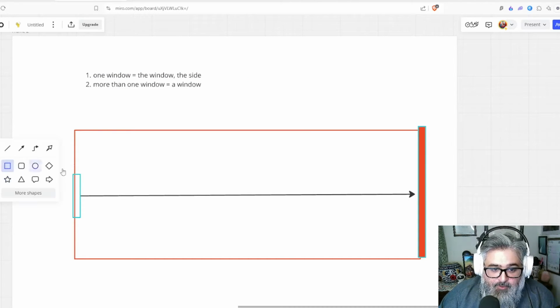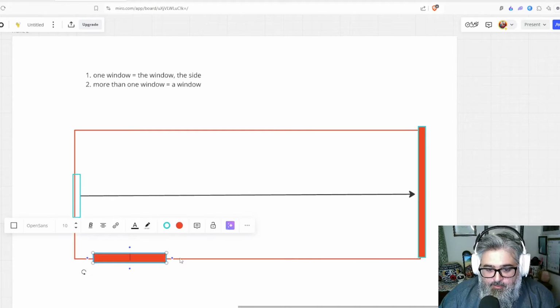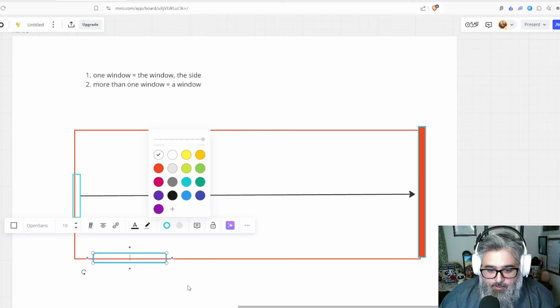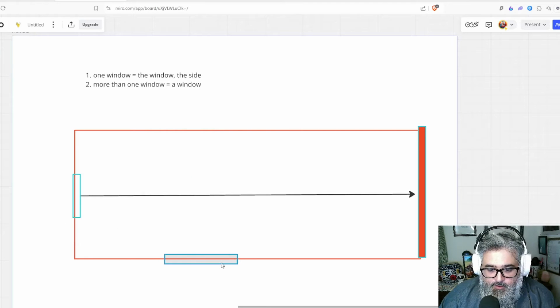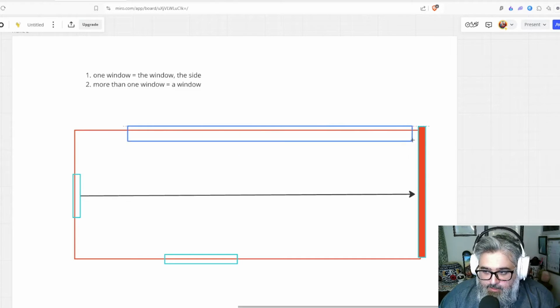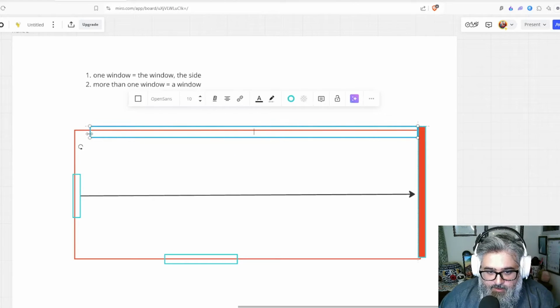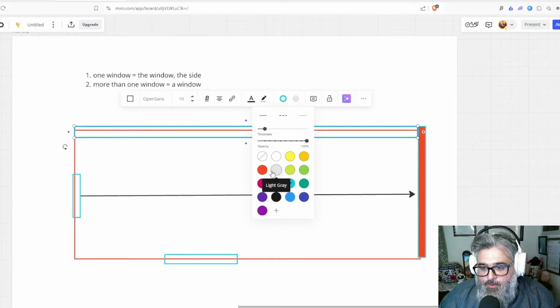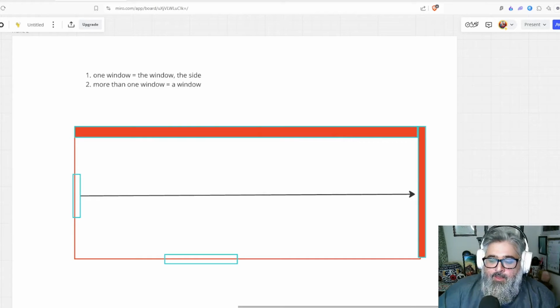Now, if there were two windows, let's suppose there's a window here as well. There's a window here. So if there's a window here, then this entire side is also opposite a window. Both of these sides are opposite windows, right?